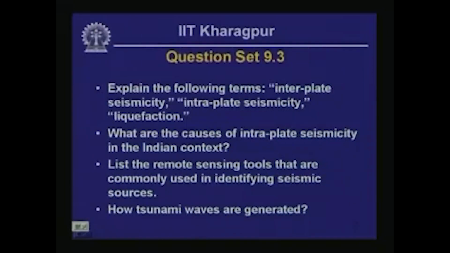In that context, LiDAR became very handy, because LiDAR can to some extent penetrate forest cover, and you could actually develop a bare earth model using LiDAR, which gives the features of the ground surface, which is masked to a great extent by existing forest cover.